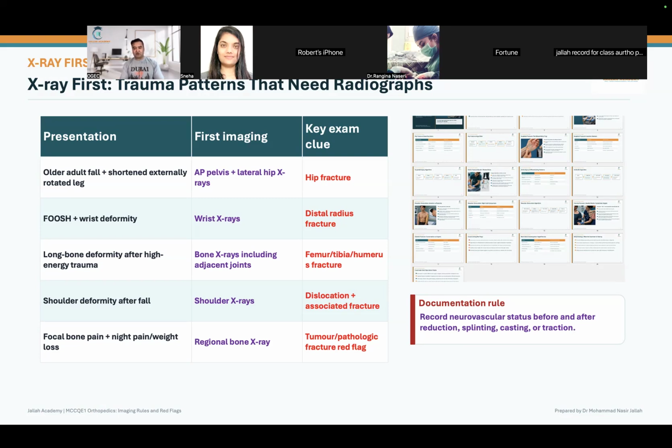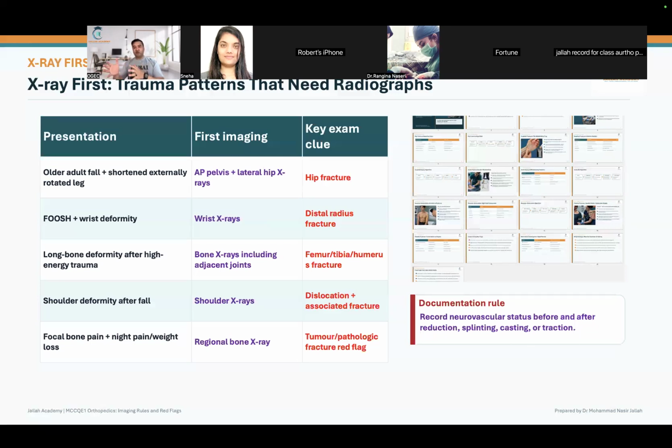Documentation rule: record neurovascular status before and after reduction, splinting, casting, and traction. Let's say you have the same scenario that I gave you: your patient is driving and gets involved in a motor vehicle accident. Now the patient has a joint dislocation and probably a fracture.